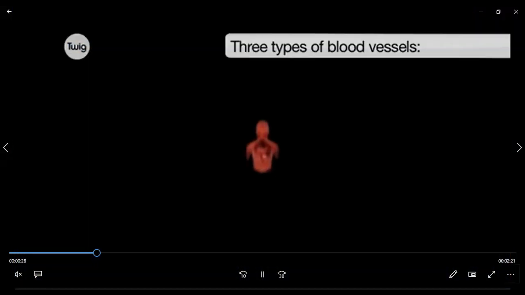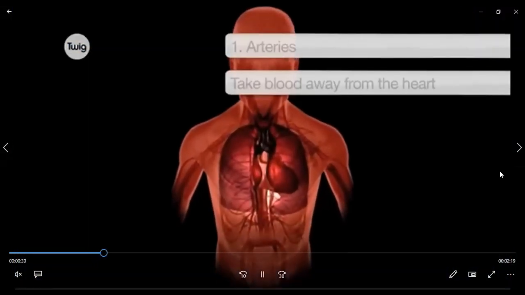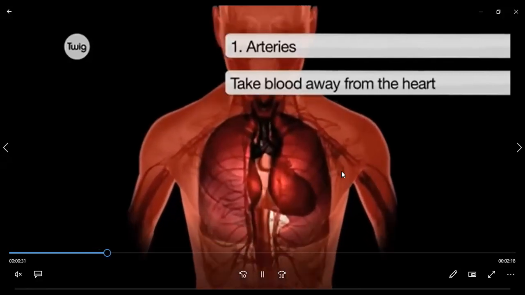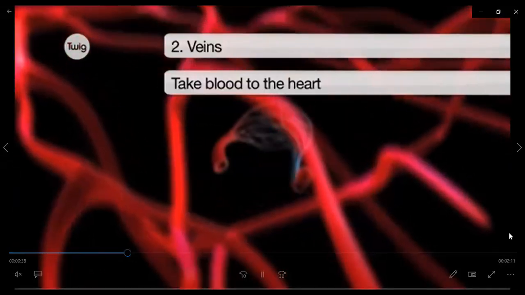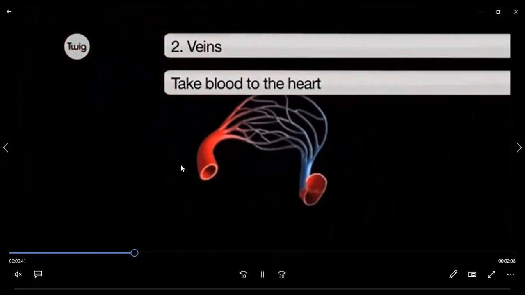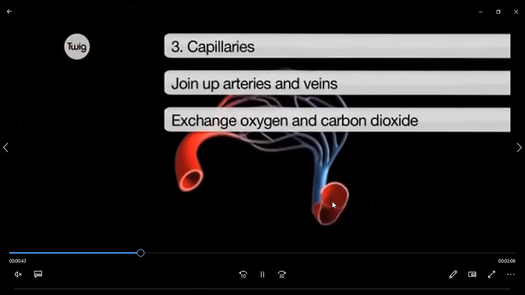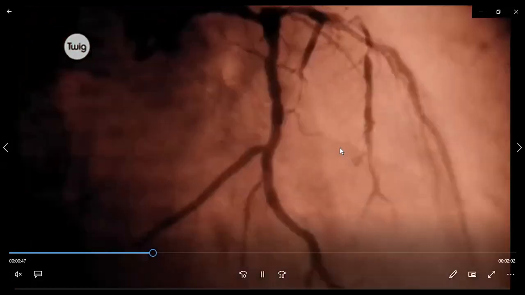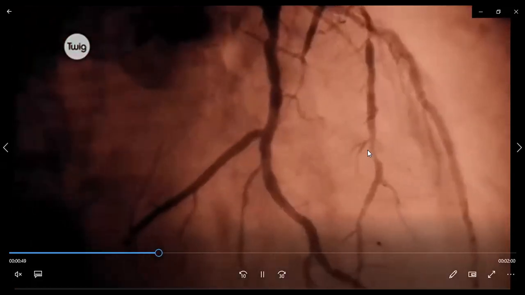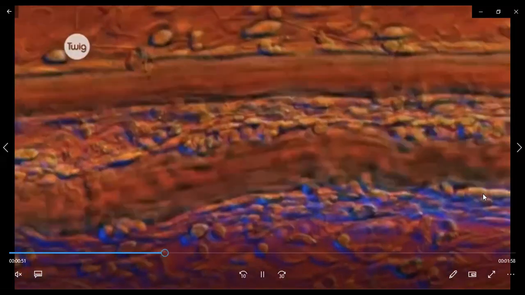Inside, we have 3 blood vessels. Arteries take blood away from the heart, veins take blood to the heart. So this is artery, this is vein. Capillaries join up arteries and veins and exchange oxygen and carbon dioxide between tissue and capillary.